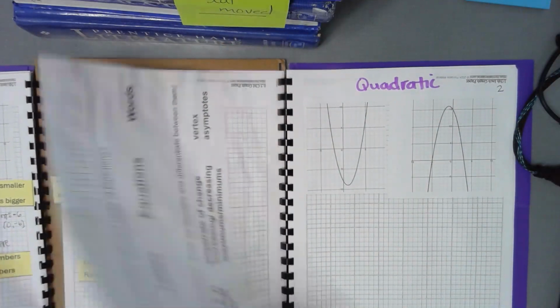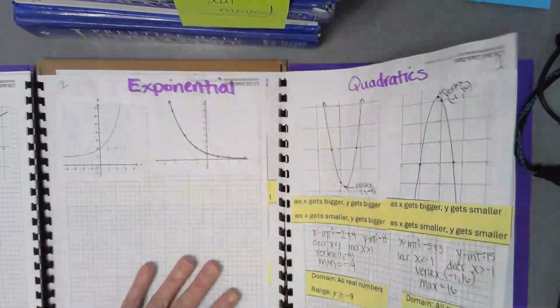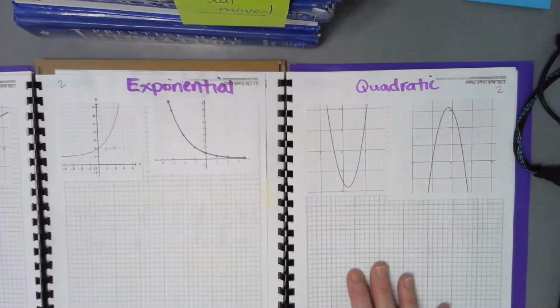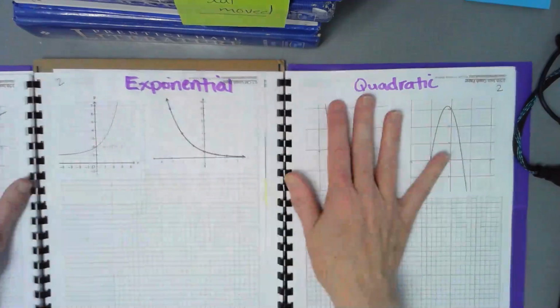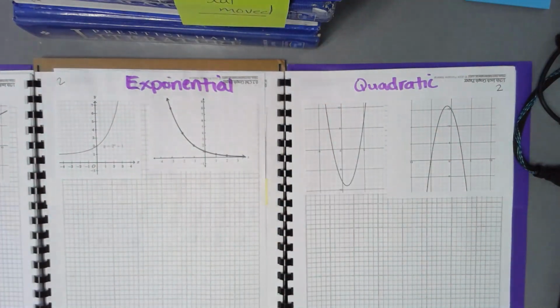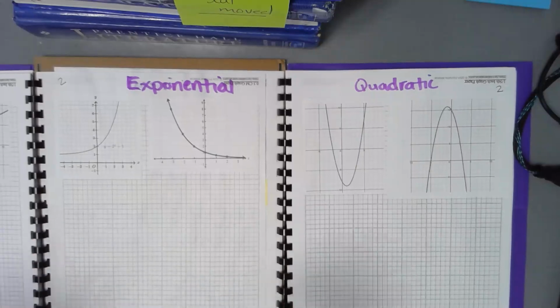All you do is pick it up and fold it the other way. You want to see 2, 2, 2 across the top. If you fold one and it didn't work, just flip it the other way. Does everybody have 2, 2, 2 across?